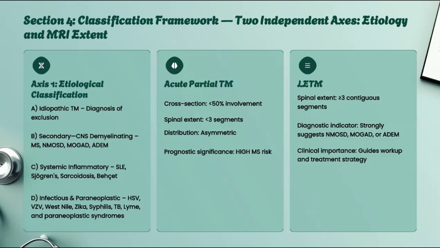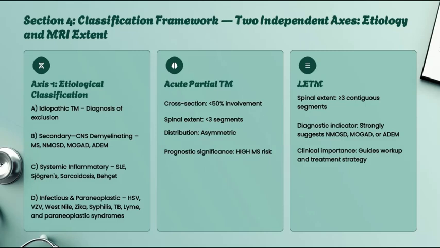The second axis is MRI extent. This distinction is clinically extremely useful. Acute partial transverse myelitis typically involves less than 50% of the spinal cord cross-sectional area and extends across fewer than 3 vertebral segments. These lesions are often asymmetric and strongly associated with multiple sclerosis.